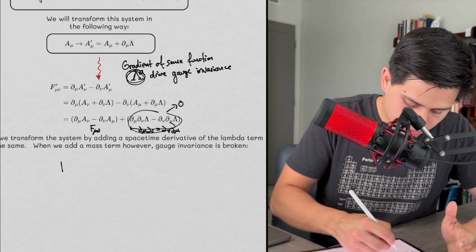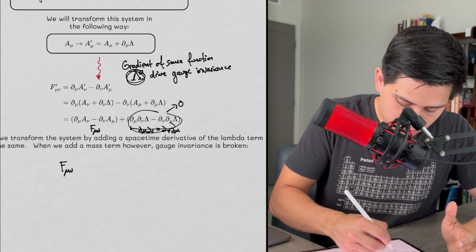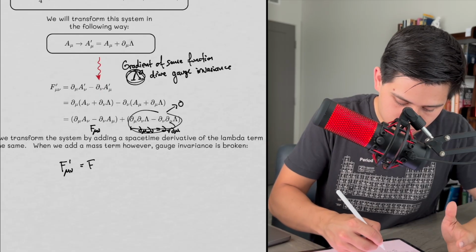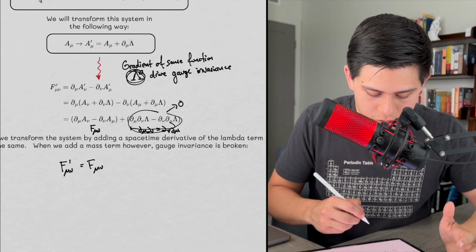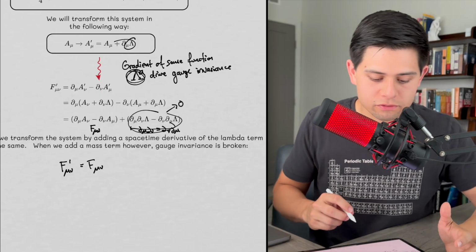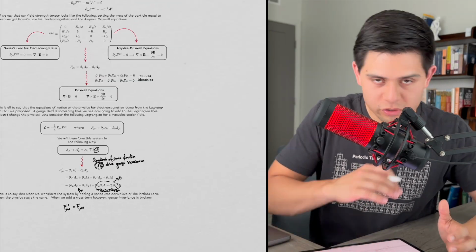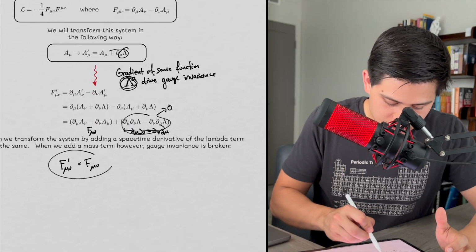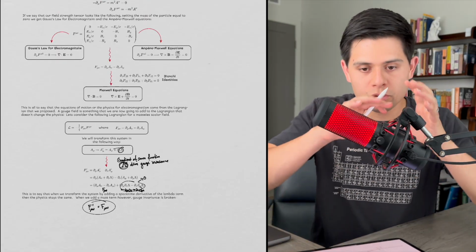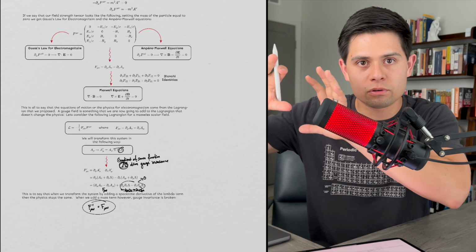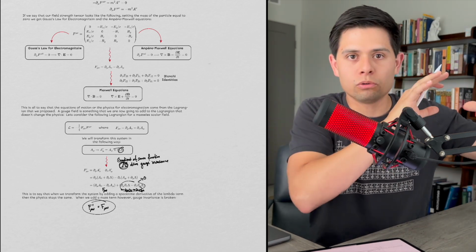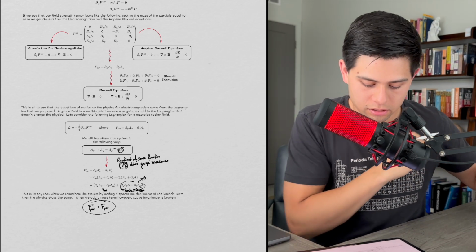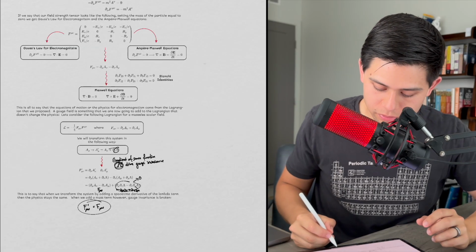So F mu nu prime is equal to F mu nu. Whatever we choose for these functions, the newly transformed physics is the same as the old physics. All right, so let's continue.